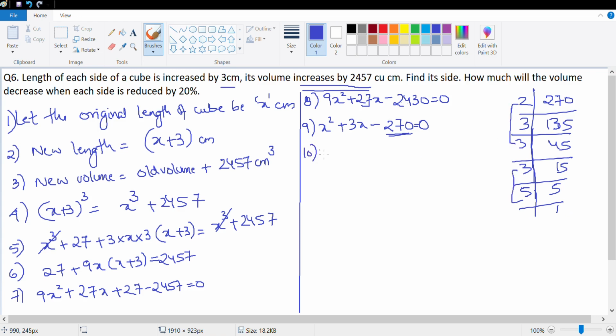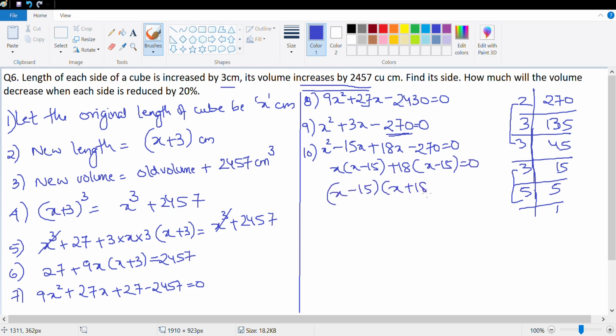So this is x square minus 15x plus 18x minus 270 is equal to 0. x times x minus 15 plus 18 times x minus 15 is equal to 0, which means x minus 15 times x plus 18 is equal to 0, which means x is equal to 15 or x is equal to negative 18.